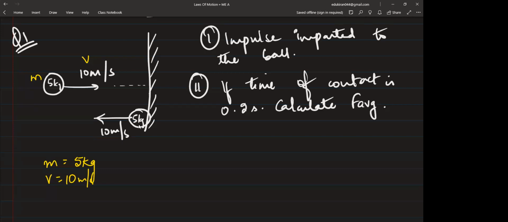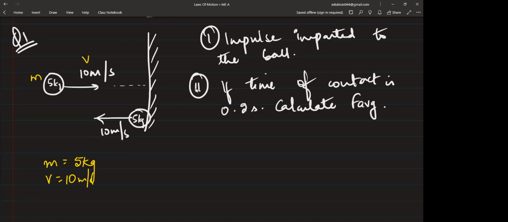Now, the difference is that this question is horizontal and the angle one you will be solving.